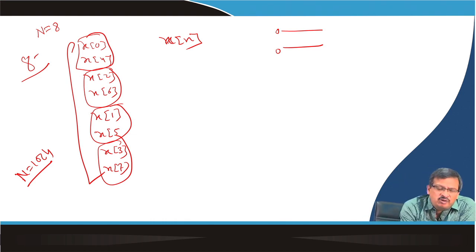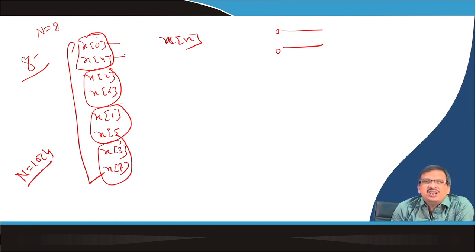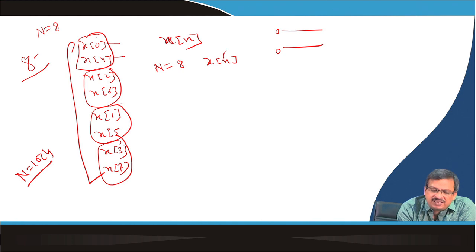If you observe minutely, there is a trick to access the signal: which index of the signal should I access? Let us first explain for 8, then I go for the other. So, let us say n is equal to 8. If I say x[n], where n is the index of the signal, the sample number, and I want to represent it in a binary number, how many bits are required?